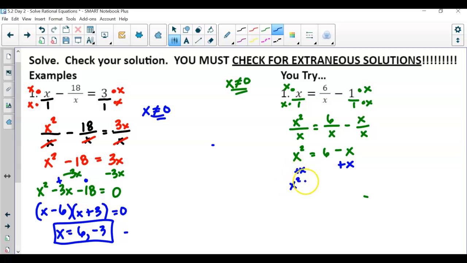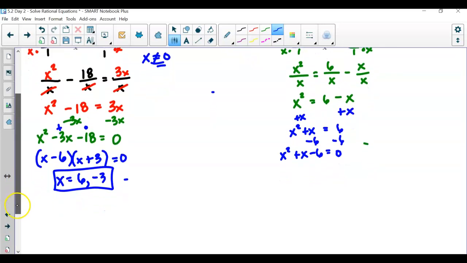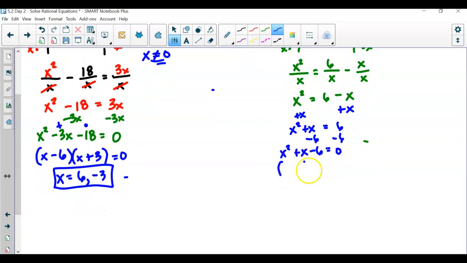So I've got x squared plus x is equal to 6. Still equal to 6, but it has to equal 0. So I'm now going to subtract 6 from both sides of the equation. Now I've got x squared plus x minus 6 is now equal to 0. Now I can go ahead and solve this quadratic by factoring. So what numbers multiply to get -6 and add to get 1?